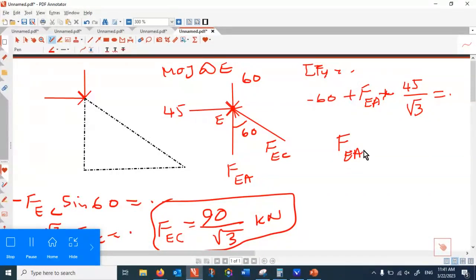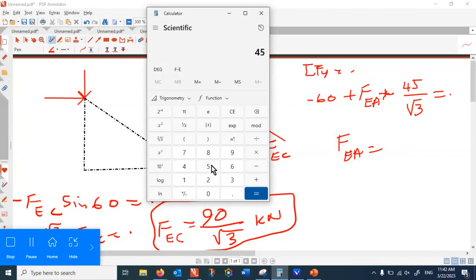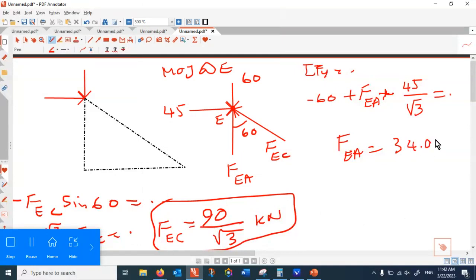So FEA is equal to 45 divided by root 3. So FEA is 34.02. And then is this compressive or tensile? This is compressive, and this one is also compressive.